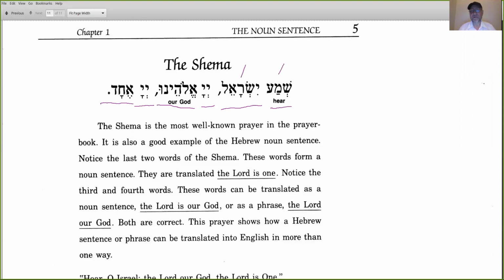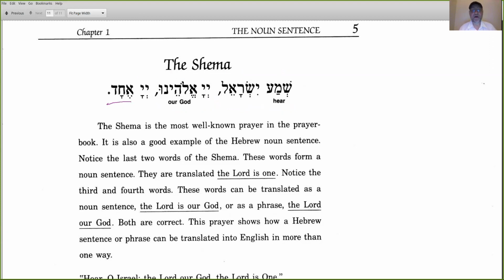Yisrael is Israel. Yehovah, remember that they don't write the name in this book, but we use it. Eloheinu is our God. Yehovah is our God. Yehovah, this is our God, Eloheinu. Yehovah is one. Okay?